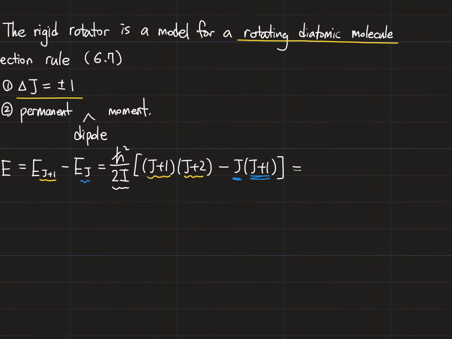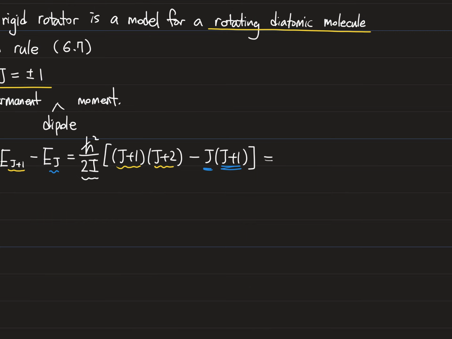So we have the common term J+1, and the final result should be h bar squared divided by I, times (J+1).